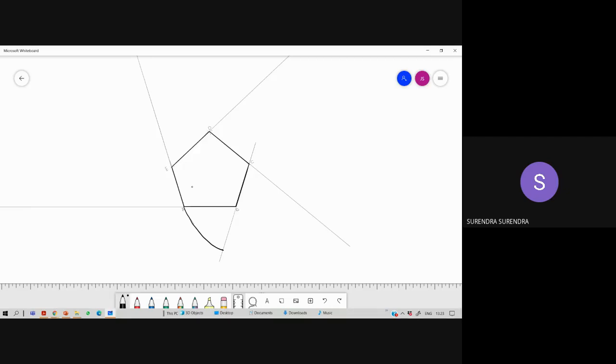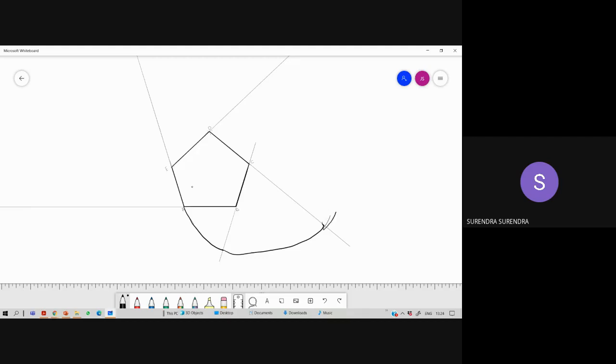What is this length? 30, and we extended BA, BC for 30 mm. So C center, 60 mm radius, draw an arc. Or D center, 90 mm radius.